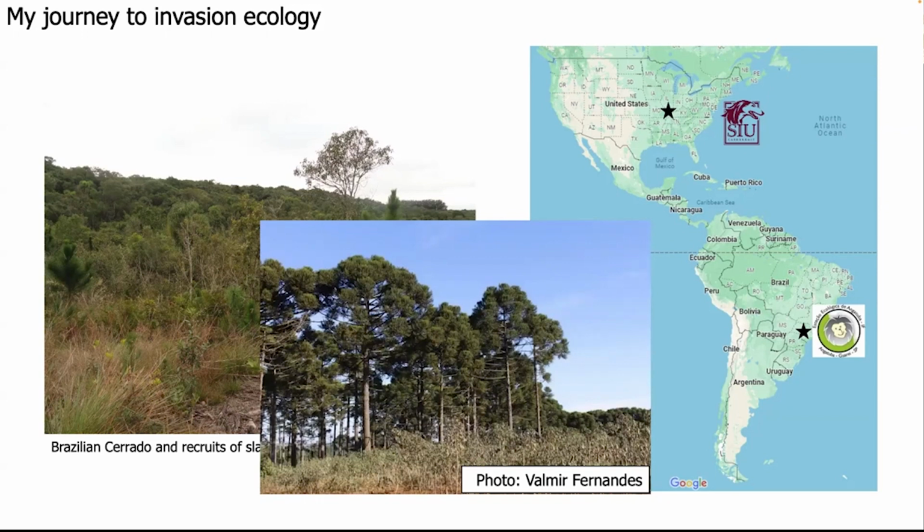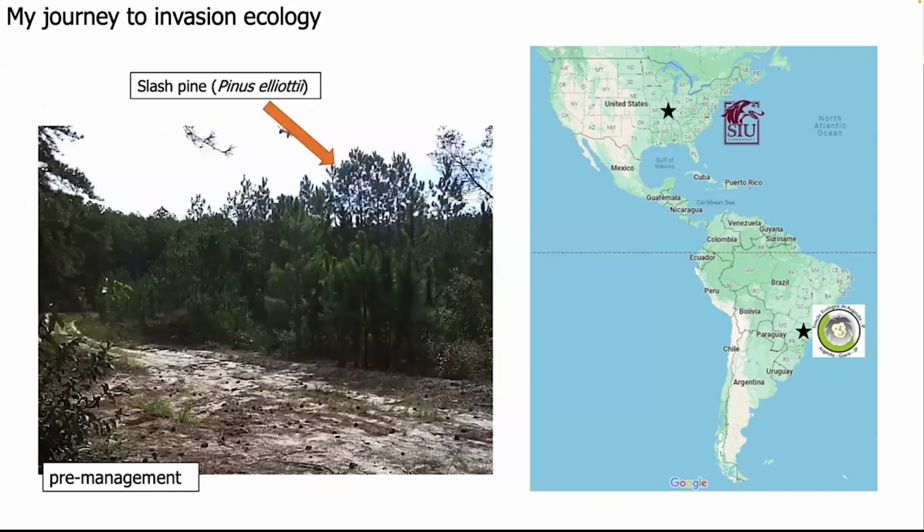The problem is that slash pine became really invasive. They had all these plantations to figure out the best genetics and the best traits for that area, but the pines became really invasive. In this particular protected area, what we had was something like this. It's really dark, but this is an open cerrado environment completely full of slash pine.